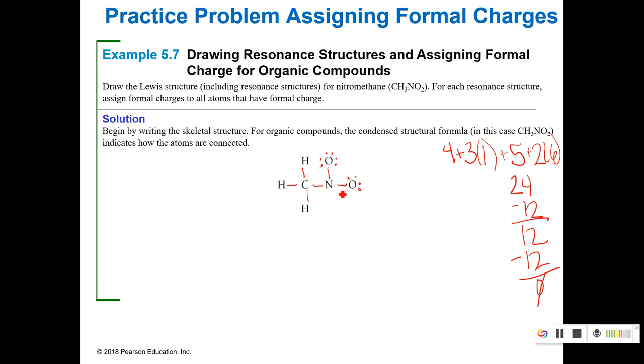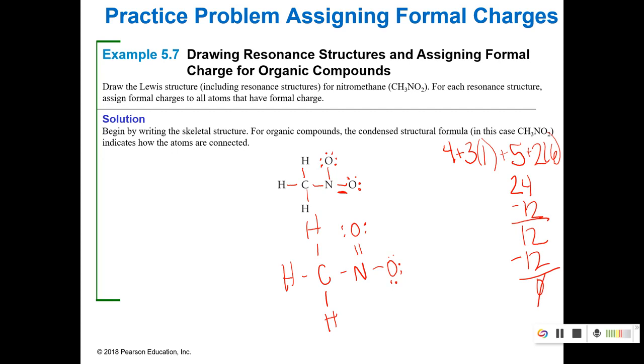So for nitrogen, I need to move a pair. It can either be like that, or like that. Okay, so I've got 2 resonance structures, assign formal charge to both.